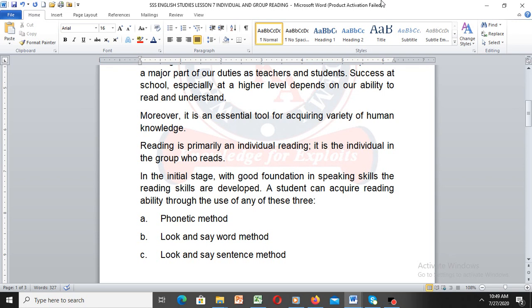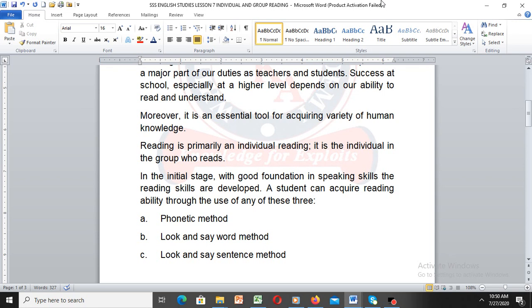Then look and say word method. You can look and say how a word is pronounced or how the word is written and pronounce it. You look at it and pronounce it the way it's written. It is also a method that can help a student to acquire reading skills.